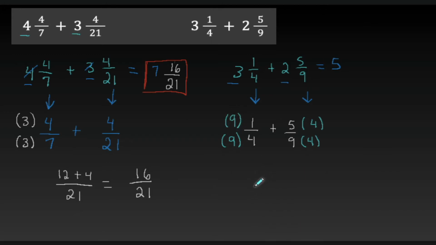So now we have a common denominator of 36. And then we can work with the numerators. We have 9 times 1, which is 9, plus 5 times 4, which is 20. So our answer here is 29 over 36. But the final answer is 5 and 29 over 36. And there isn't any other simplification to be done.